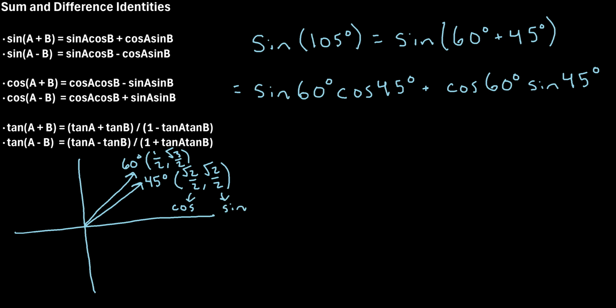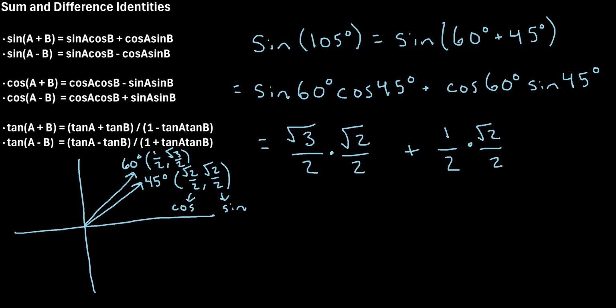So the sine of 60 degrees would be the y coordinate, or square root of 3 over 2. Then we have times the cosine of 45 degrees. So the cosine of 45 degrees is square root of 2 over 2. And then we have plus the cosine of 60 degrees. So the cosine of 60 degrees is 1/2 times the sine of 45 degrees. So the sine of 45 degrees is square root of 2 over 2.